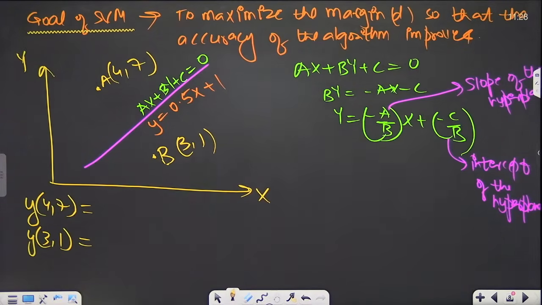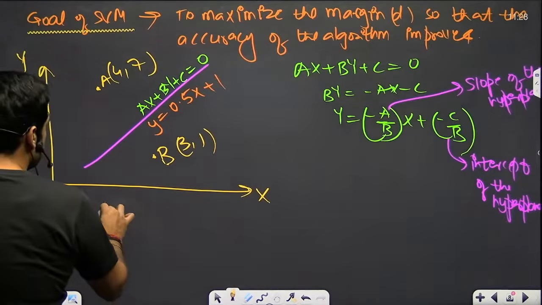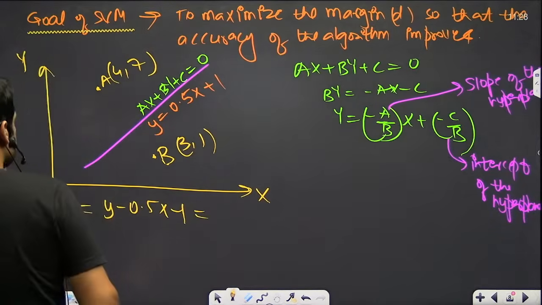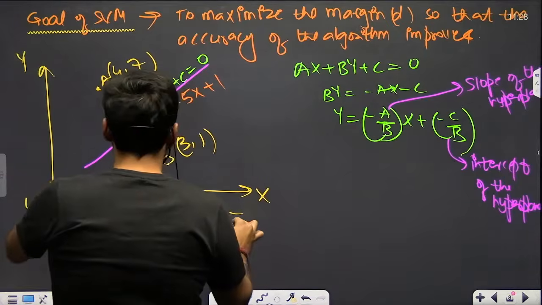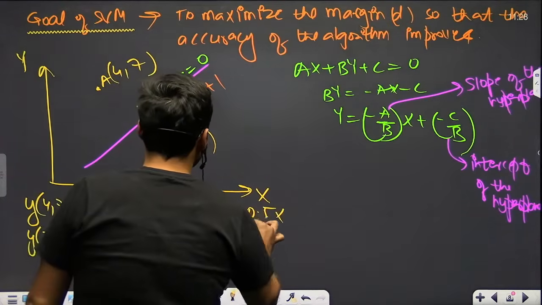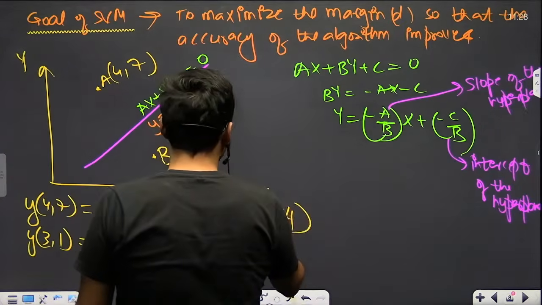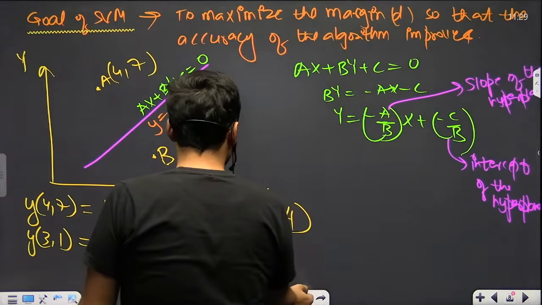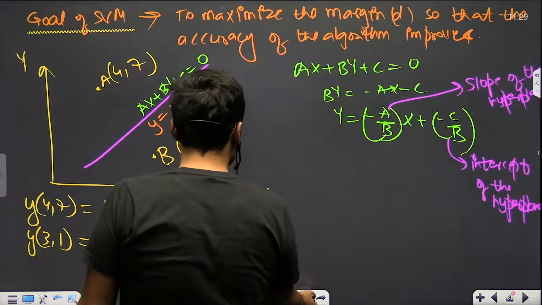Okay, so if you just calculate y of 4 comma 7, how to calculate this? So this would be y minus 0.5x minus 1, and I'll just put x equals to 4. So 0.5 into 4, okay, minus 1. So I'll just put x equals to 4 and y equals to 7, right?